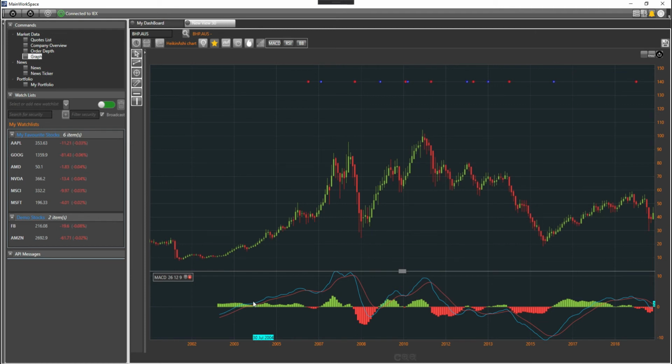And basically what the MACD will tell you, let me turn on my tracker. What the MACD will tell you is when you see this blue line crossing the red line or the red line crossing the blue line, that's kind of an indication that you could basically get into a trade.